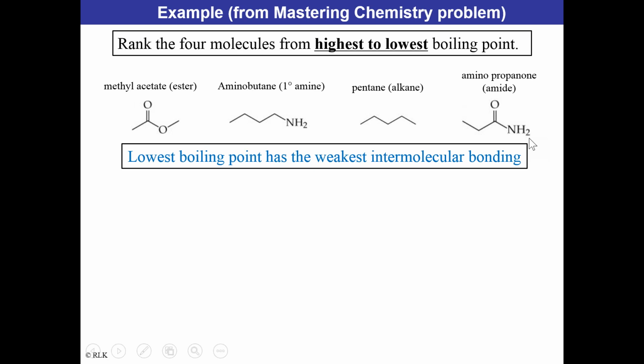But you have an environment that includes a carbonyl next to an amine, and whenever you have that, the term for it would be an amide. So you have an ester, a primary amine, an alkane, and an amide. You're asked to figure out which one has the highest and which one has the lowest, and then you have to get the ones in between.